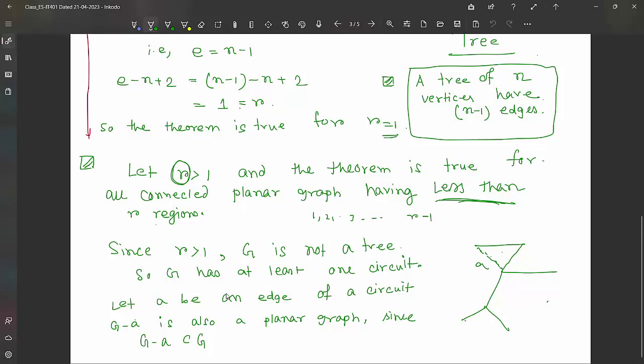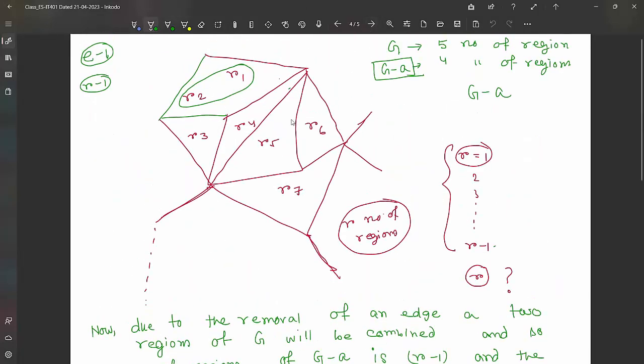Now if you remove this edge A, your new graph which is produced is G minus A. Now this G minus A graph has R minus 1 regions, because by removing one edge, this region will also combine and it will produce just one region. So that means edges are reduced by 1 by just discarding the A, and also the regions are decreased by 1.